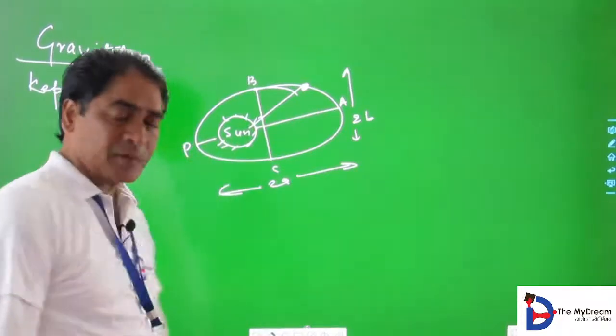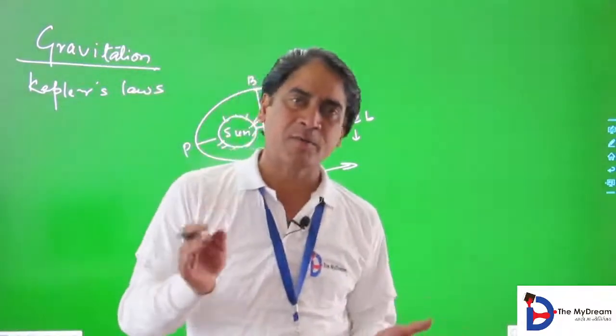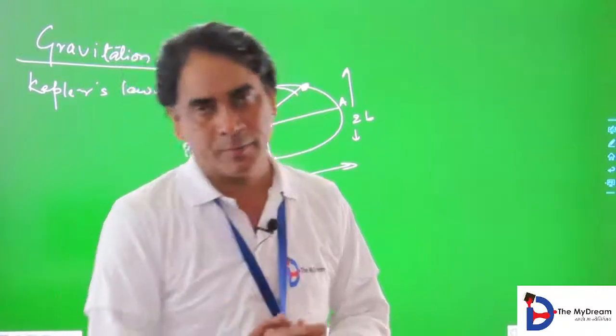So Kepler's first law: all the planets revolve around the sun in an elliptical orbit.